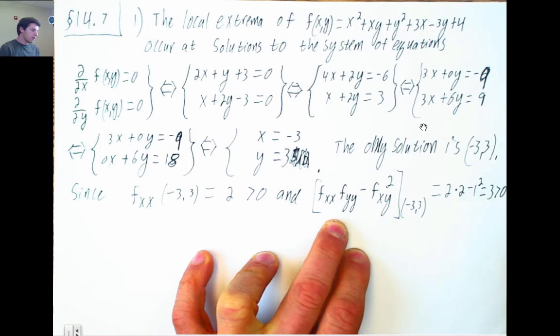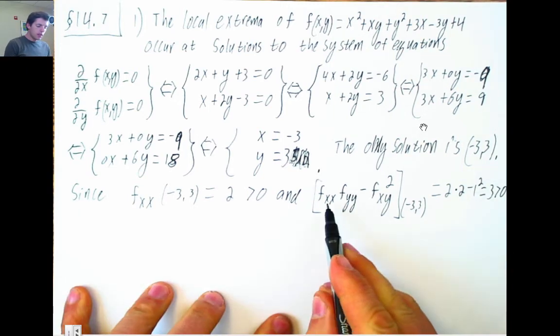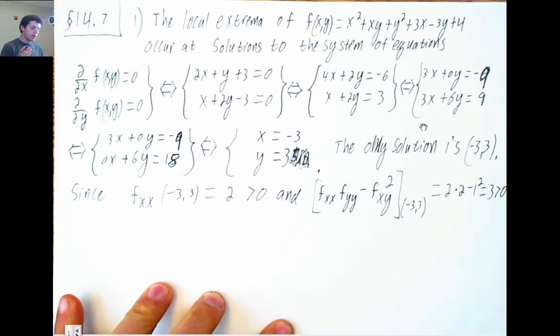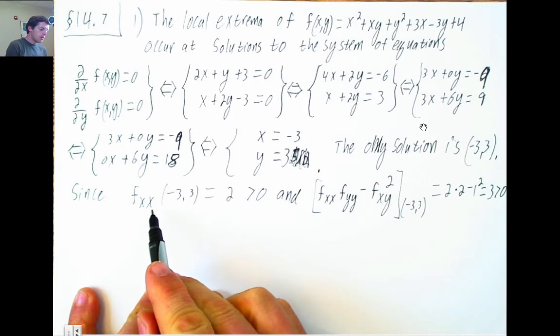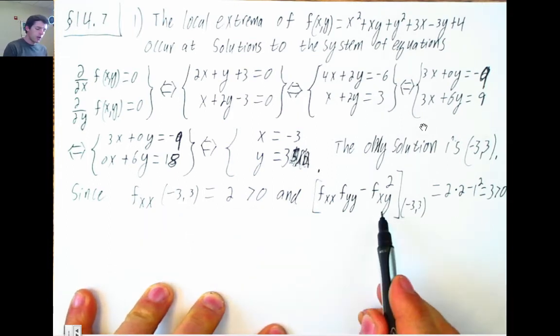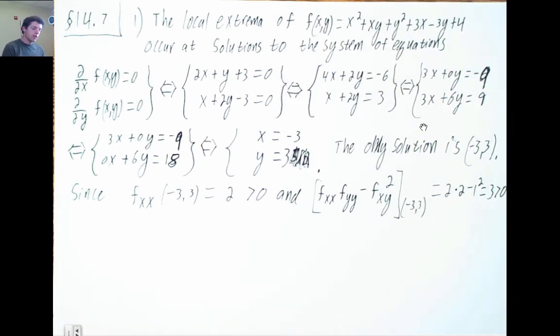That's greater than 0 also. So that means the concavity in the x direction and the concavity in the y direction are the same. And apparently they're both positive, because the concavity in the x direction is positive. This term comes from the existence of cross terms, and it only occasionally plays a role.